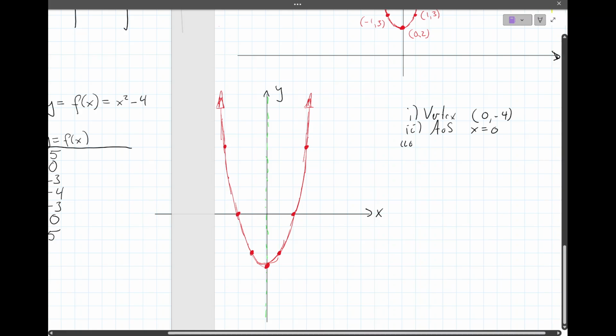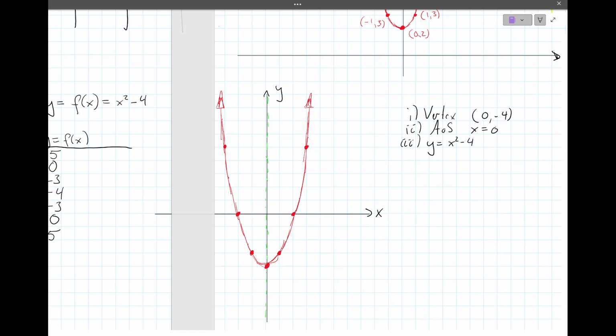X-intercepts in this case we can also get algebraically. So if I take y equals x squared minus 4, well, x-intercepts always happen when y is 0, right? They always happen on the x-axis, and that's when y is 0. So we set y to 0 and solve. So this is 0 equals x squared minus 4.